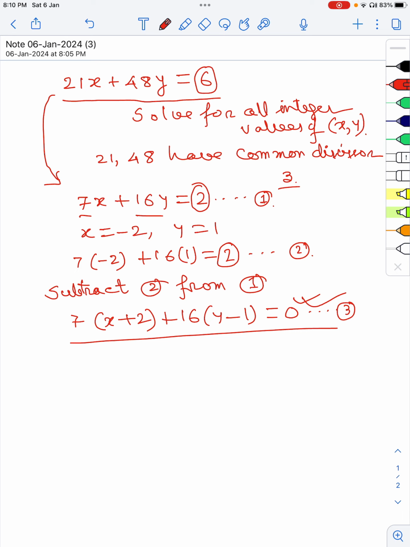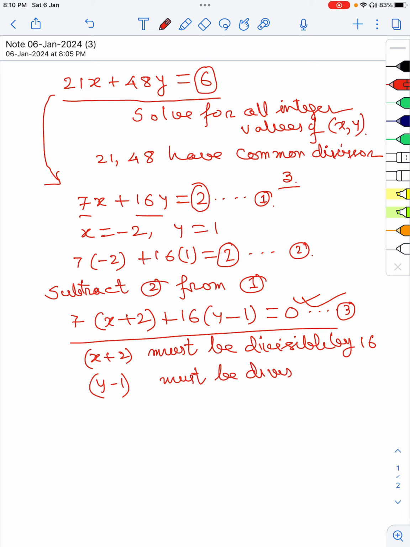So clearly this relation will be possible when x plus 2 is divisible by 16, and in the same way y minus 1 must be divisible by 7, isn't it?